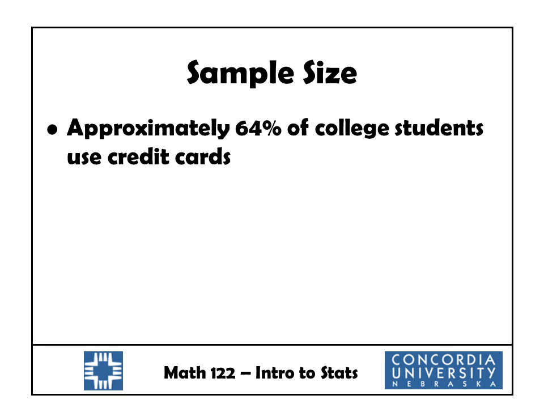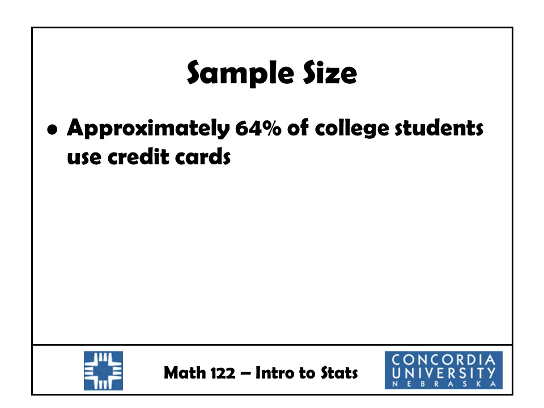The next thing we need to talk about is determining sample size. Some people erroneously believe that the bigger your population is, the bigger your sample needs to be. That's not at all the case. So let's go back to this example of estimating the proportion of college students that use credit cards. In our original survey of 750 students, we saw that approximately 64% use credit cards.